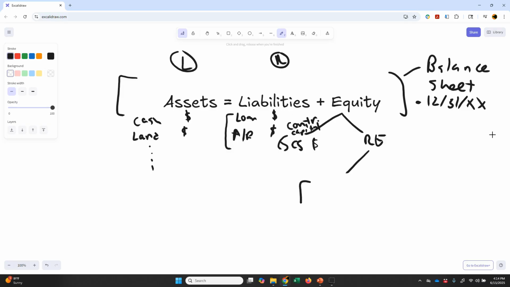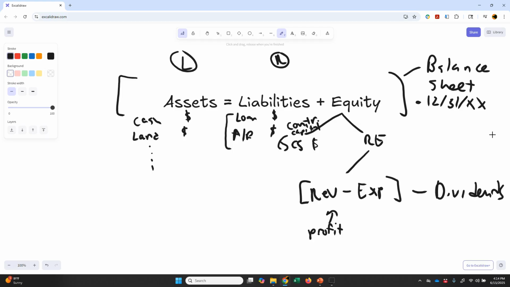So we have revenue minus expenses. This is your profit minus whatever dividends we paid. Now, in order to get this balance sheet, we need to know what the total balance is for this equity.